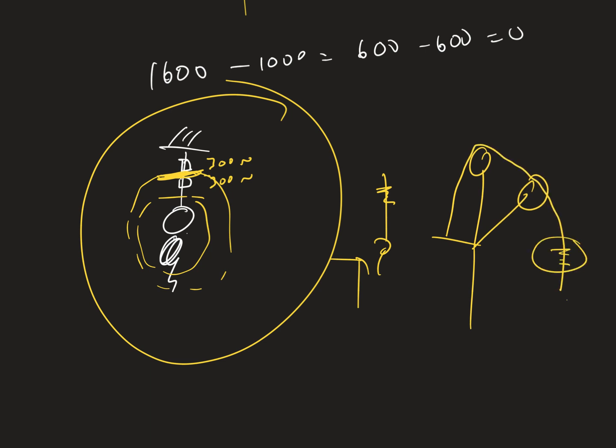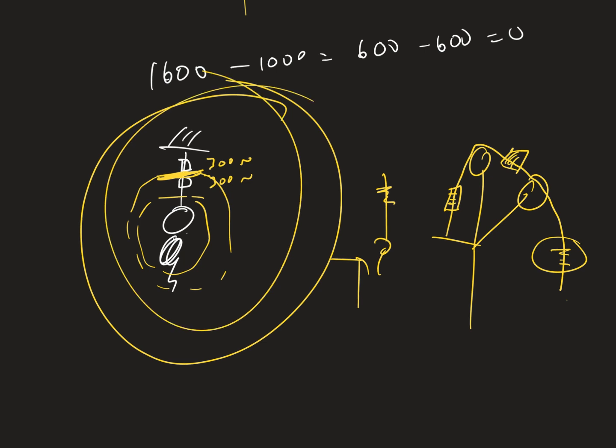How much would this scale read? 300, all of the weight, right? Because all the weight's hanging off of that point. You with me? Yep. What if we put the scale right here? Then what would it read? 300. What would we read right here? 300. It's the same rope. Just like this one, guys. It's 300, a tension of 300 newtons in the whole rope. Okay, are we good? Yes.